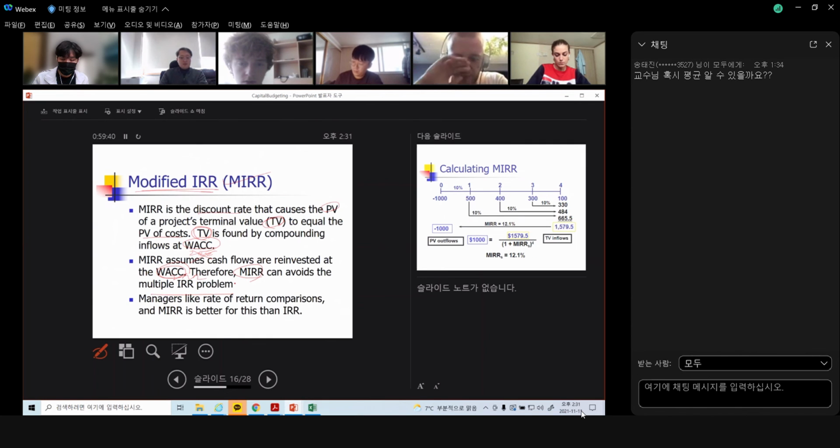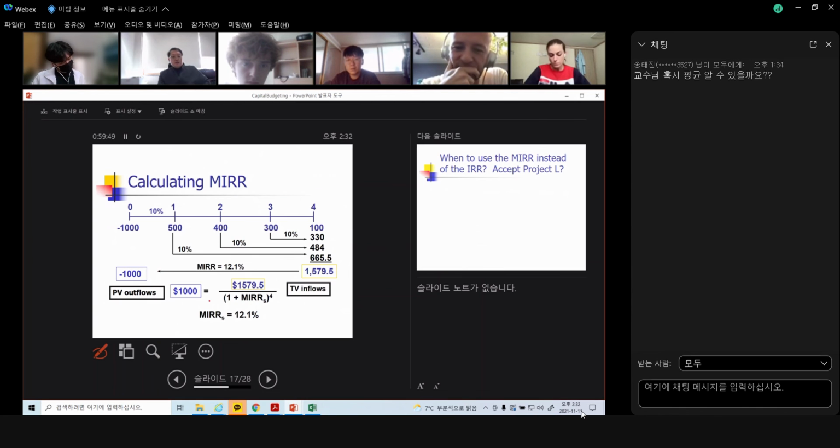Here, the managers like rate of return comparisons, and MIRR is better than IRR. So here's the example. Here's project S's cash flow stream originally: minus 1,000, 500, 400, 300, 100. In IRR we assume these are reinvested at the IRR, but if we change our assumption so the reinvestment rate is not the IRR but the WACC, then this 100 that happened at time 4 stays 100 at time 4.